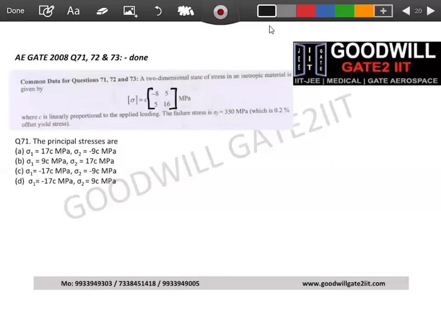Property says the sum of eigenvalues. Eigenvalues are nothing but our principal stresses in structures. The sum of eigenvalues of any matrix is equal to the sum of diagonal elements. This is property 1. Second property, product of eigenvalues.